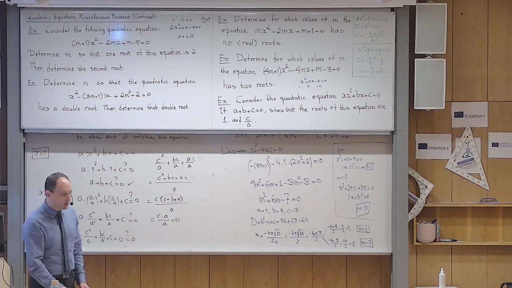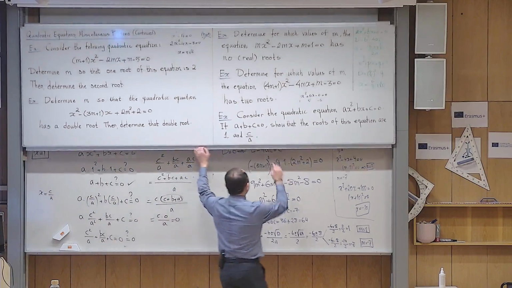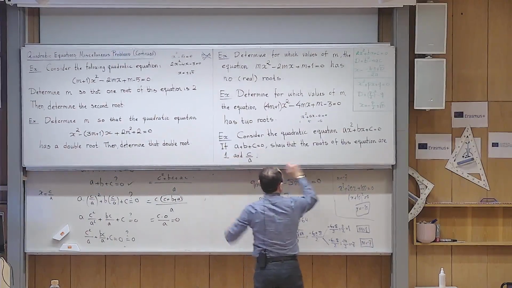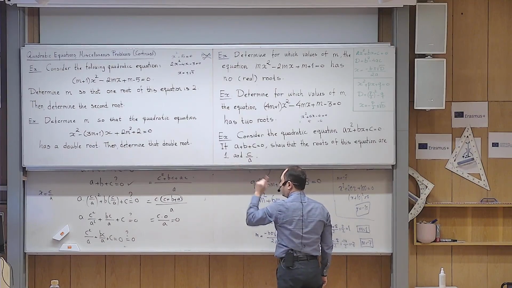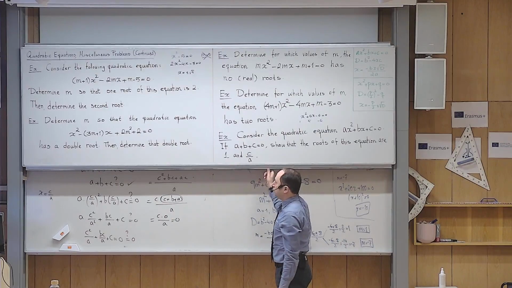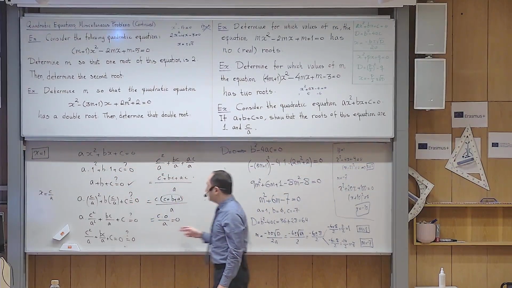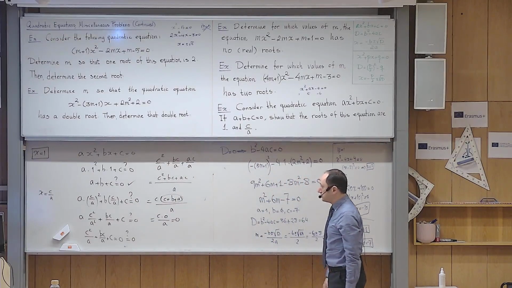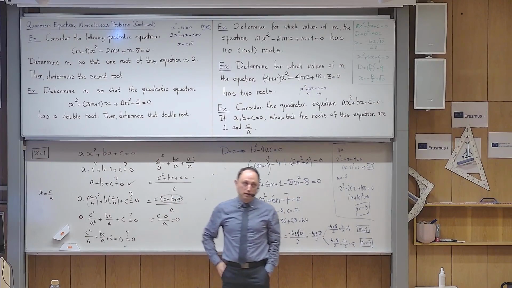So you see, I am telling you that under this condition, this equation always has one solution, 1, and the other solution is c over a. Confirming that 1 is a solution was extremely simple. Confirming that c over a is another solution was a little bit lengthy, so that's why it's a level 3 problem.